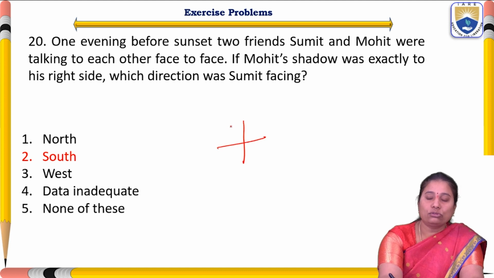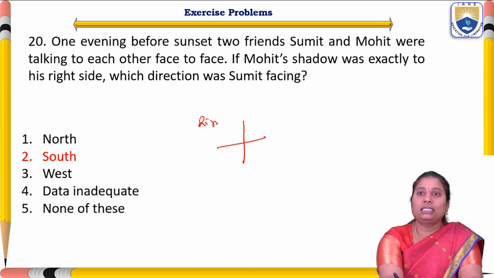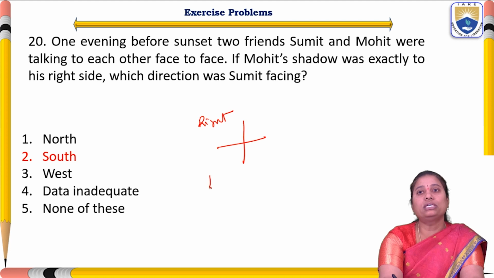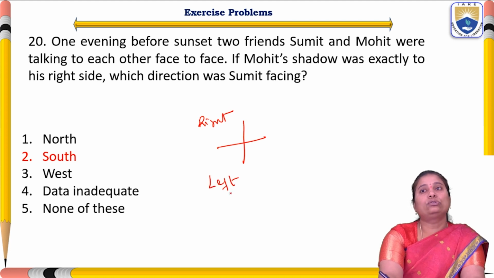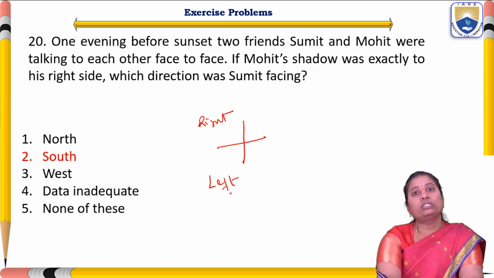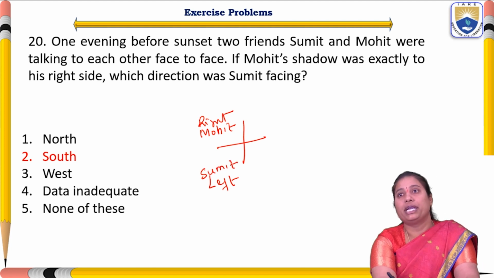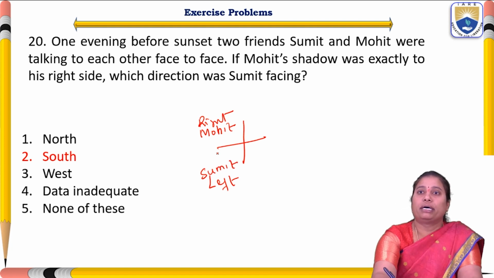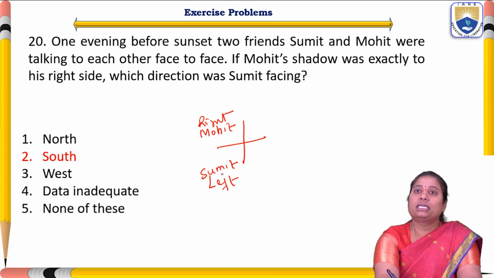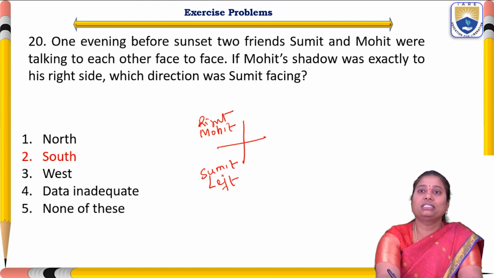So evening means above is the right direction and below is the left direction. So Mohit's shadow was exactly to the right. So Mohit is here and Sumit is here. Which direction was Sumit facing?